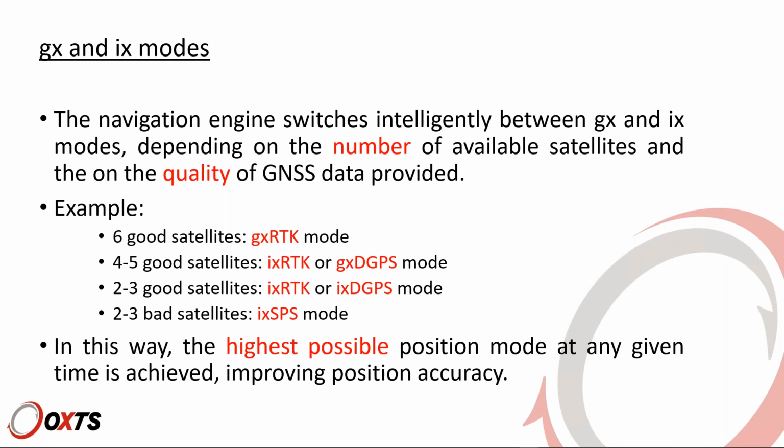But if the data was good and corrections were flowing through nicely, you can even get DGPS mode or RTK mode, even with that many fewer satellites. So basically what the system does is give you the highest possible position mode at any given time. And this will have a huge impact on overall position accuracy.